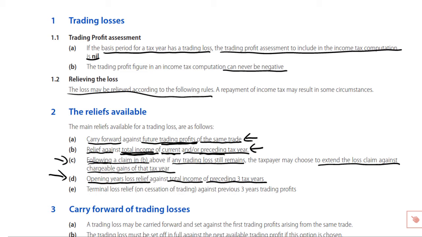Now if you think about that, that is giving the opportunity to the trader to actually carry back a loss against income that arose potentially in tax years prior even to the commencement of trading. If I start trading in the 16-17 tax year and I make a loss in that 16-17 tax year, I can go back against the total income of the preceding 3 tax years, going back to tax years in which I hadn't even started to trade.